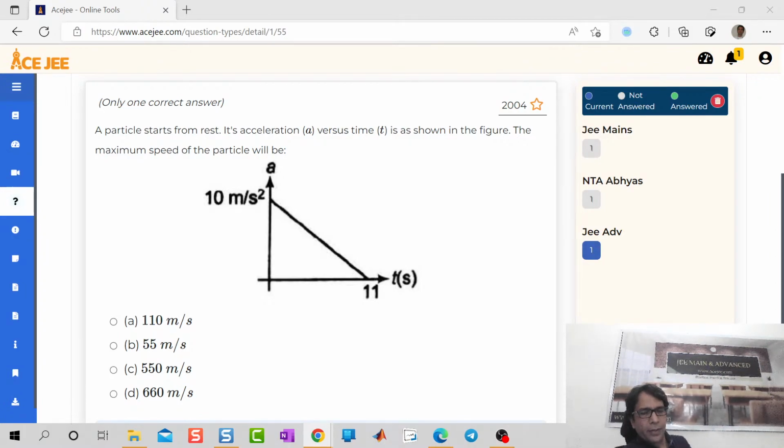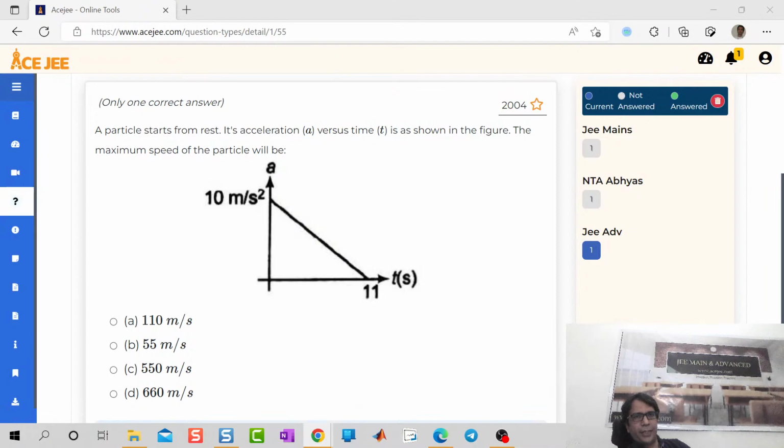Okay, so hold on. Ruchika beta, how would you argue in favor or against what Chavi just said? Sir, since the acceleration is not going negative, the speed will increase and it will be equal to the velocity increase.